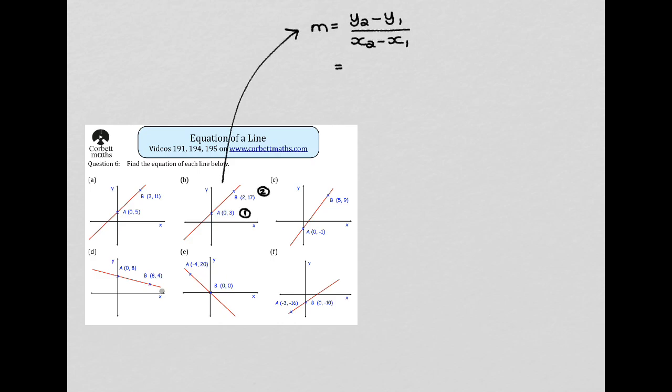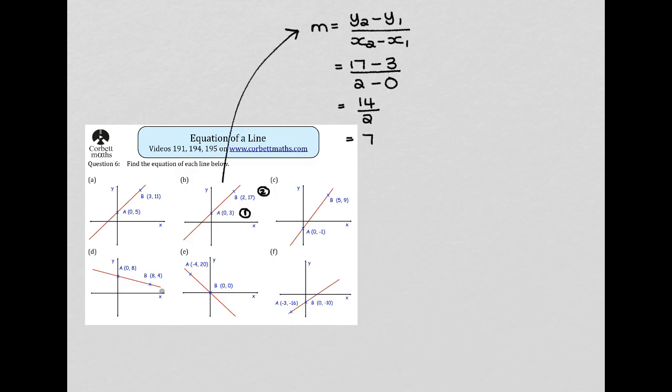The y value of the second coordinate is 17 minus the y value of the first coordinate, which is 3. The x of the second coordinate is 2 minus the x of the first coordinate, which is 0. 17 minus 3 is 14. 2 minus 0 is 2. My gradient is 7.